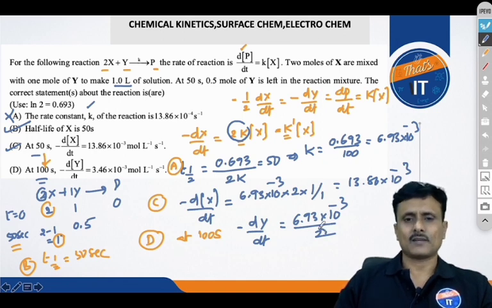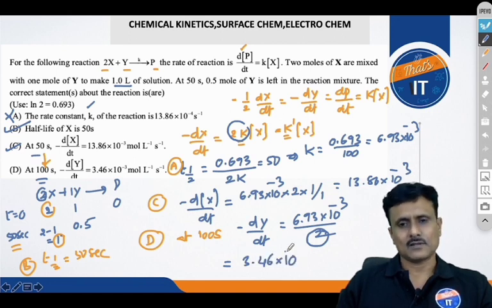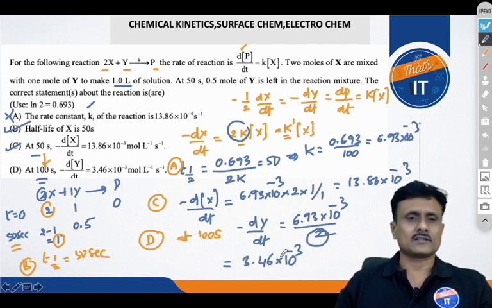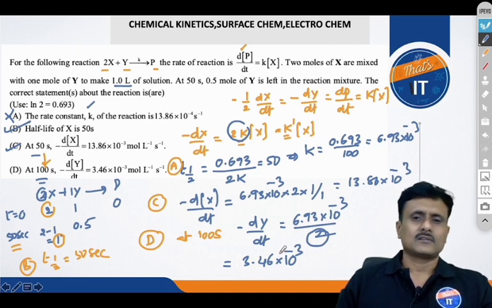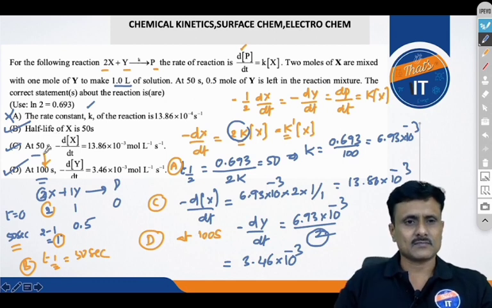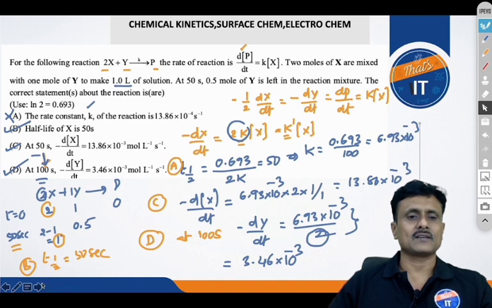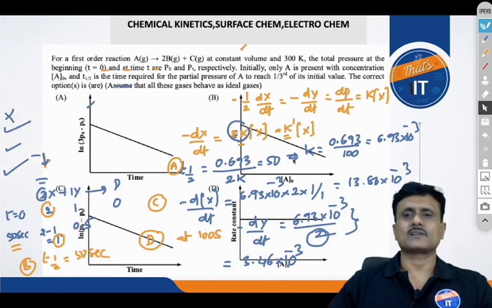Another half amount will be consumed, right? So this value is some 3.46 into 10 to the power minus 3. Alright, so this value looks to be okay. So I guess this should also be the right answer, because as time increased by another 100 seconds, you could see that the concentration further decreases by half for a first order equation.